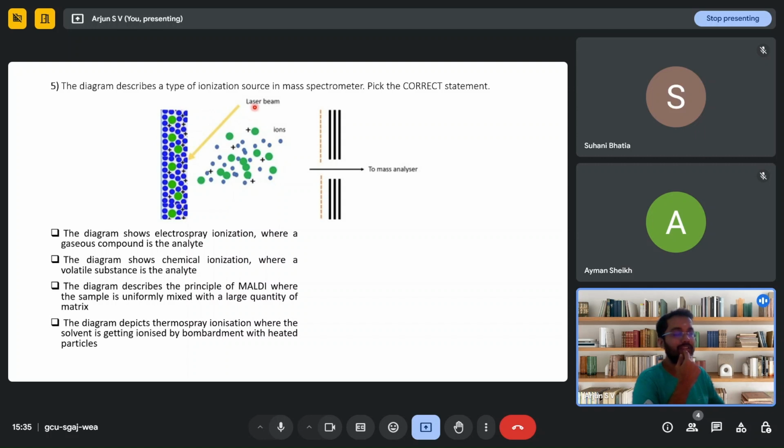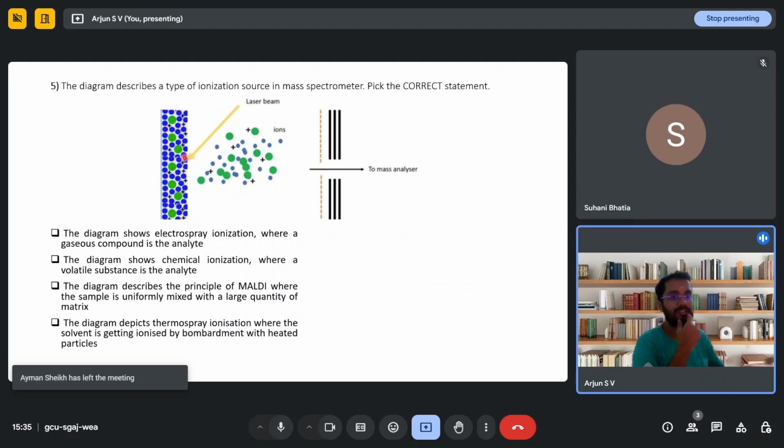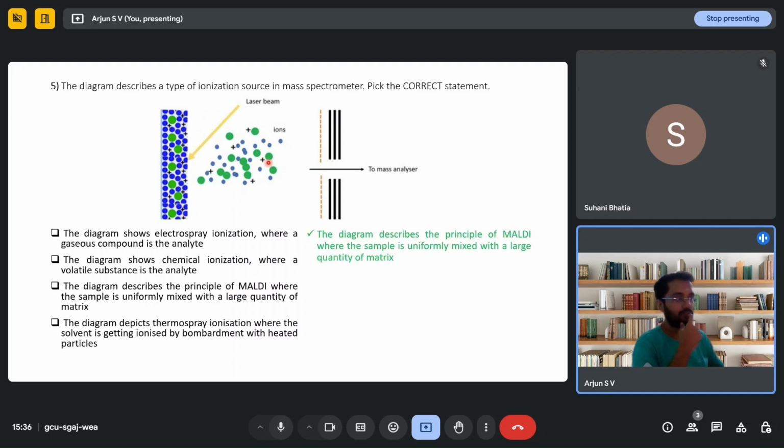When the laser beam hits the matrix, it results in desorption of your matrix as well as your sample, leading to generation of ions of the sample. So the correct option here is option number 3. The diagram describes the principle of MALDI, where the sample is uniformly mixed with a large quantity of matrix.